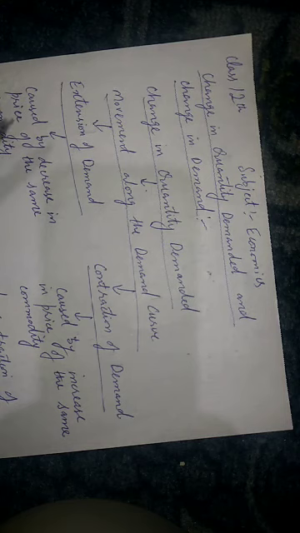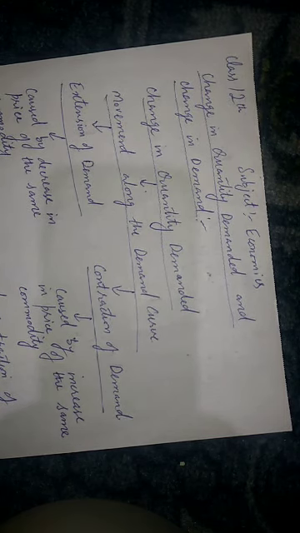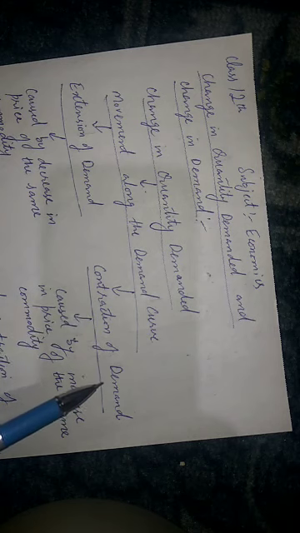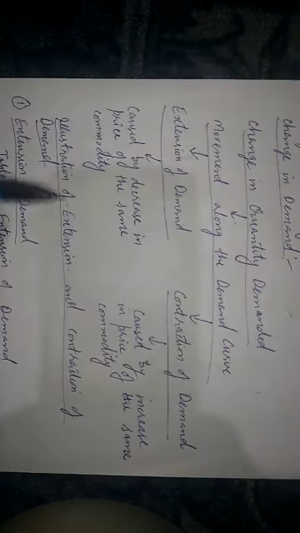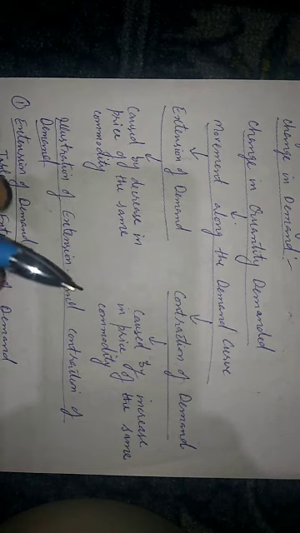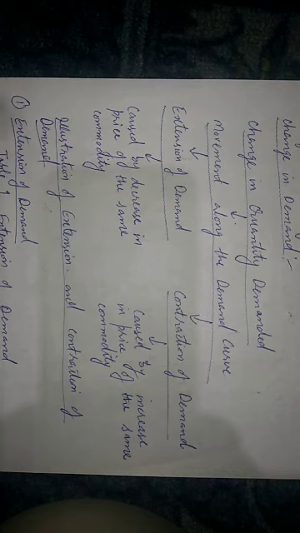So we can say that the extension of demand is caused by the decrease in price of the same commodity, and the contraction of demand is caused by increase in price of the same commodity. Now we will see the illustration of extension and contraction of demand through table and graph.